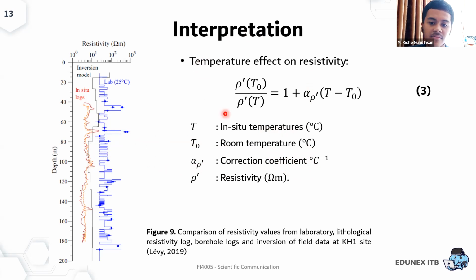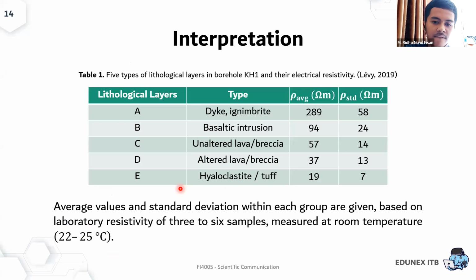The equation for the temperature effect on the resistivity is determined by this equation, where T is the in situ temperature and T0 is room temperature, in degrees Celsius, and alpha prime is the correction coefficient, and rho prime is resistivity.